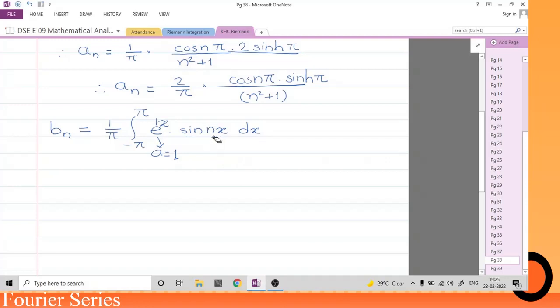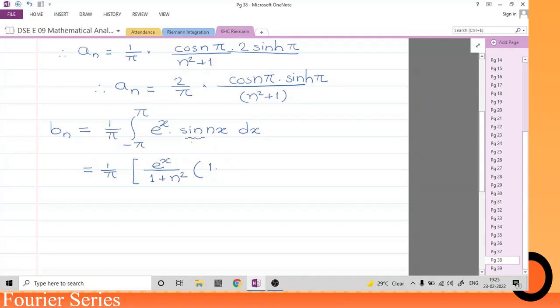Okay, so let us again apply the formula for e raised to x sin x. 1 upon pi, the formula is e raised to x, because a is equal to 1, upon a square plus b square, b is n, a is 1.